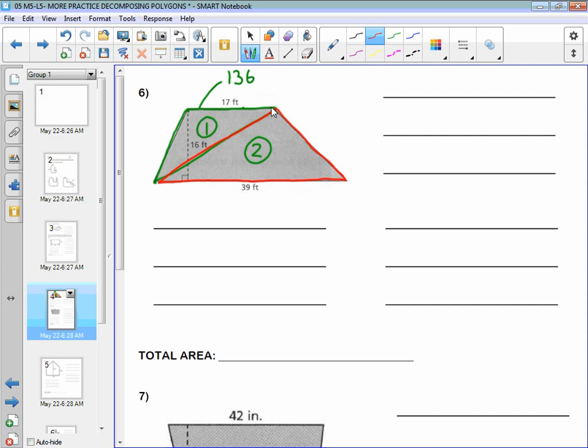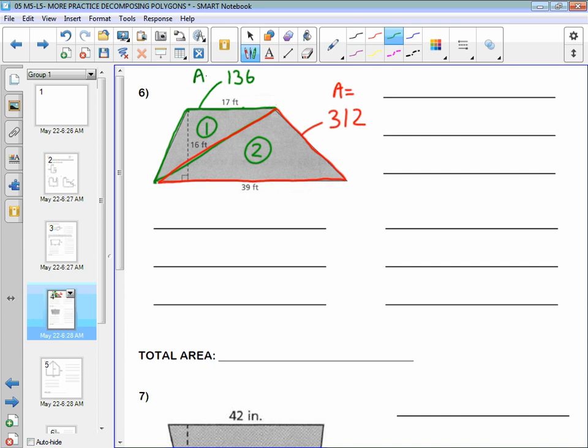It's from here to here, which is the same as the dotted line. 39 times 16 split in half gets you 312. And I'll put an A equals here just so you know what these numbers are. Again, I'm just taking shortcuts because if you're going to write everything out, we're not even going to get past one problem together.